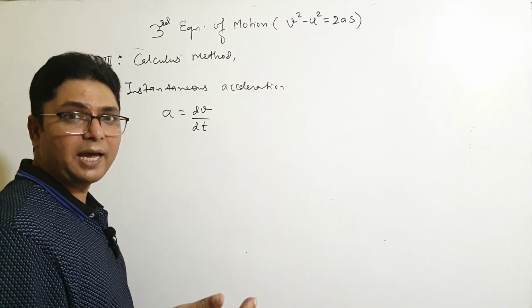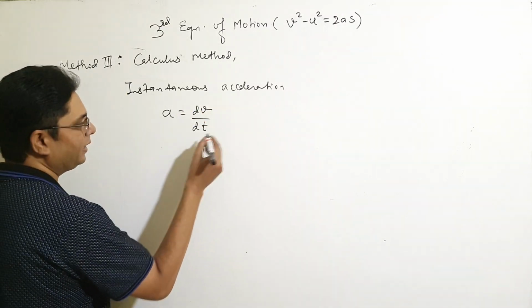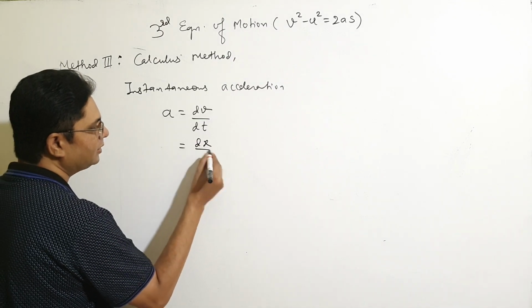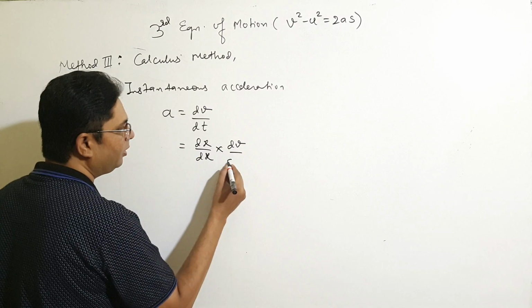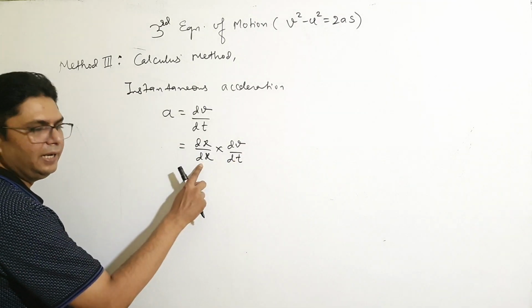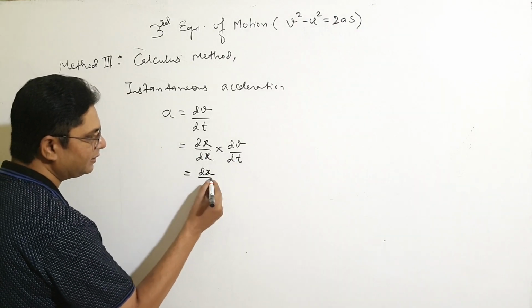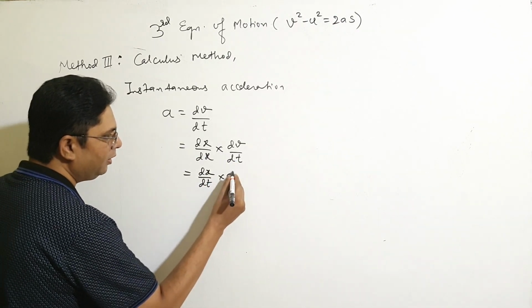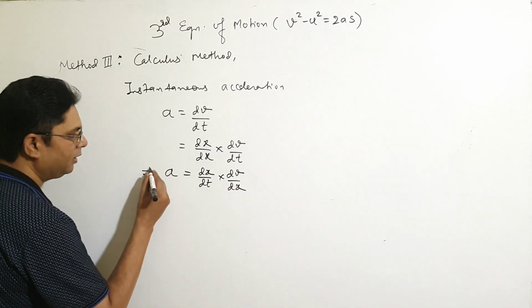On the RHS side, we multiply numerator and denominator by dx. So it is dx upon dx into dv upon dt. Now shift this dt this side and this dx this side. So this can be written as dx upon dt into dv upon dx. This is a.